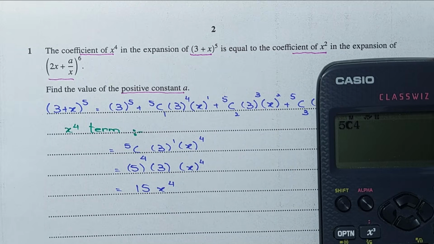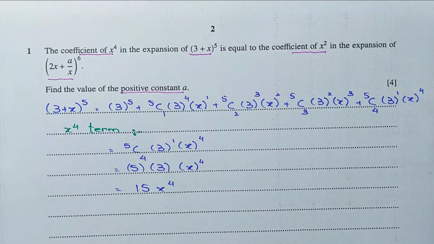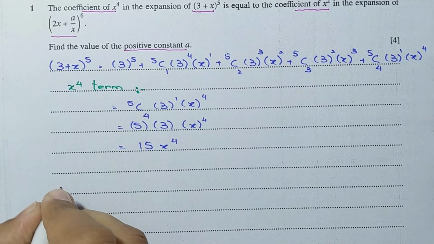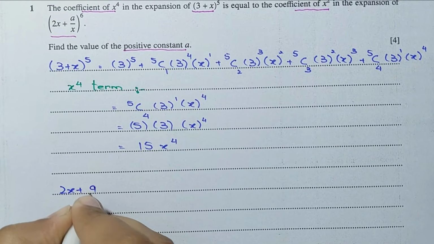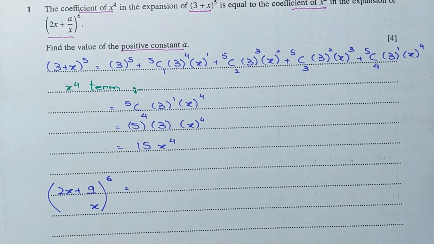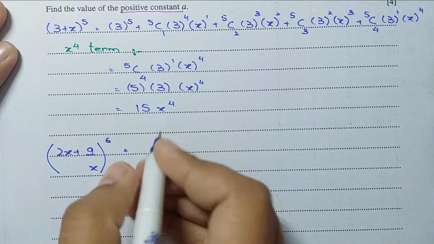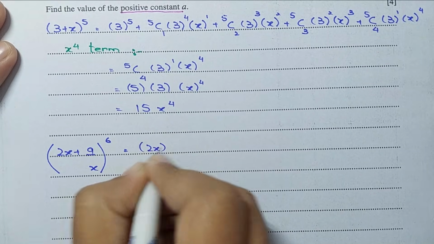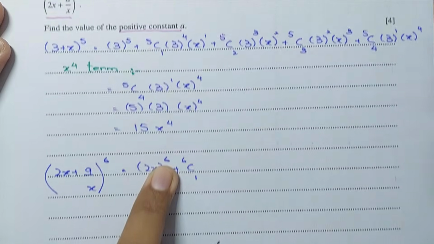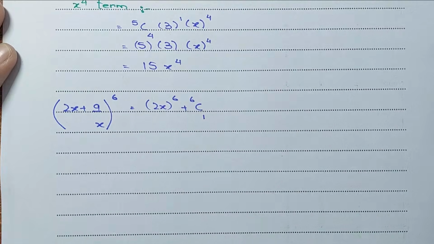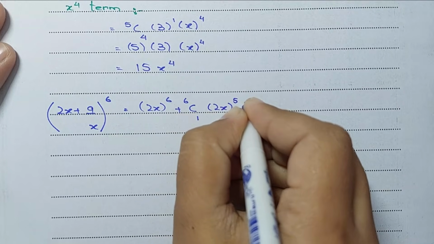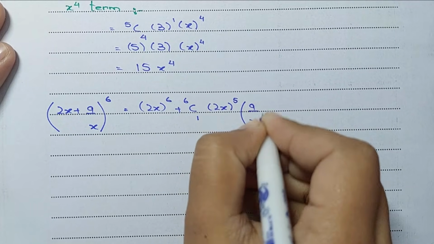Now open the other expansion and figure out the coefficient of x². So (2x + a/x) to the power 6. Expand it and stop when you get the x² term. The first term to the power 6 is the x⁶ term, and we need to find the coefficient of the x² term. Then 6C1, the first term to the power 5 and the second term to the power of 1.